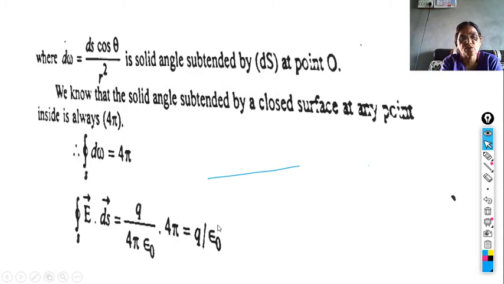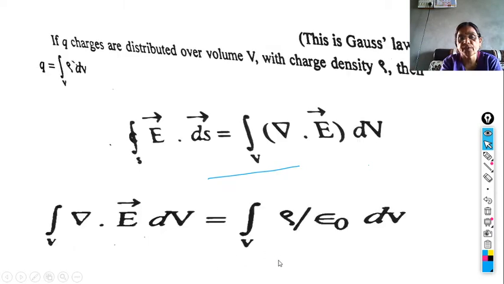Hence the simplification of this is that the surface integral of the electric intensity field vector over a surface element ds over the closed surface S is simply equal to Q upon epsilon 0.